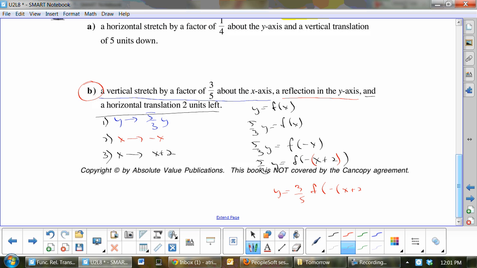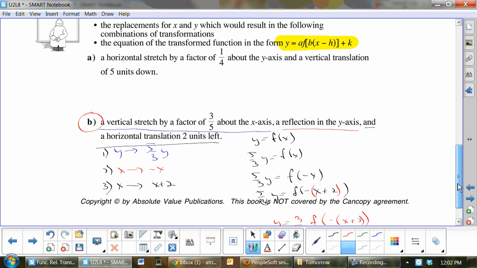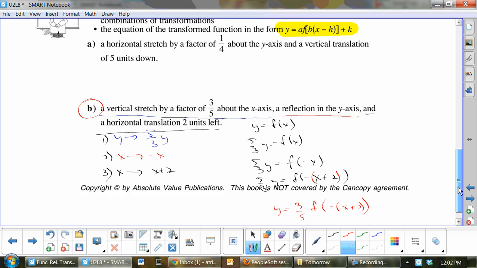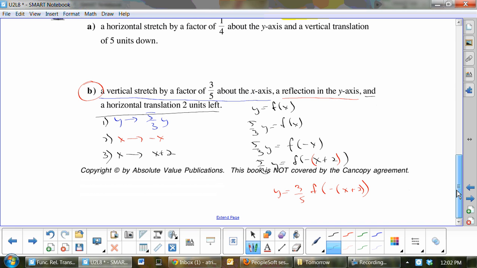X plus 2. Now we actually don't want to put that in, and we'll see later. Why? Do you see this form? What is A in this question? What's A? Look up above. What do you think A is? Okay? What do you think B is? Very good.